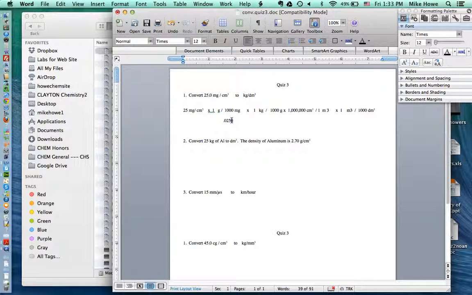This 0 that I'm going to put in bold needs to be there to show that that is a known digit that represents a measurement. And the units would be kilograms per meters cubed. That's the end of problem 1.